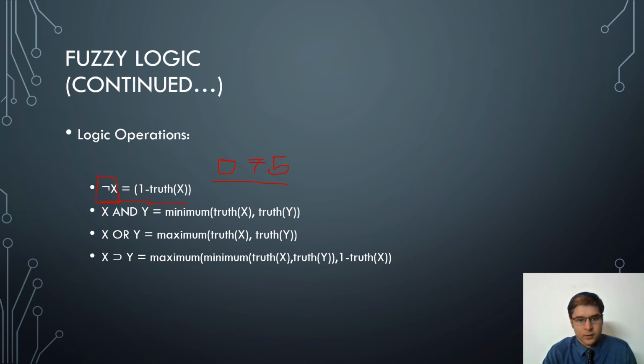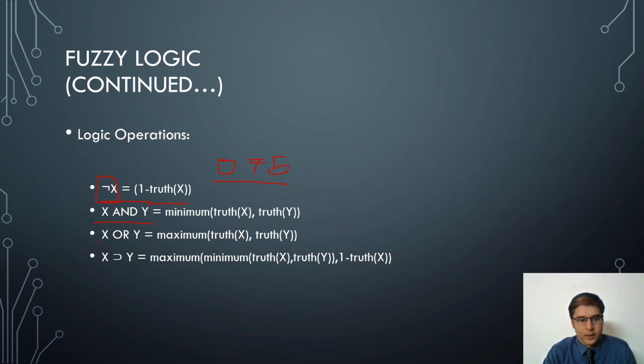Suppose two fuzzy variables are given as x and y, then truth of x and truth of y imply the fuzzy values of x and y, and the minimum of that will be the x and y of those fuzzy values.